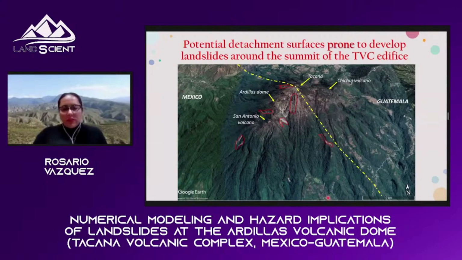And just to tell you, the Chiquihuite community is settled right here, and the landslide that destroyed those little houses began from here, in a very low slope of the volcano. So we're considering that the main sources of landslides involving bigger volumes could be detached from the upper part of the volcano because of all of these conditions.